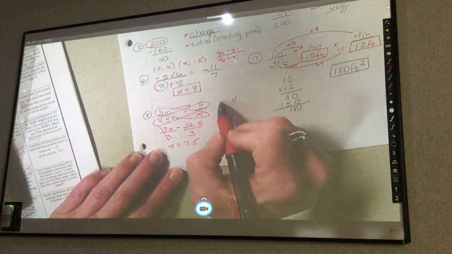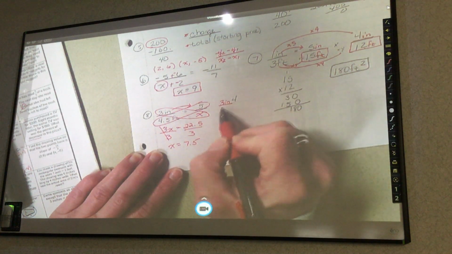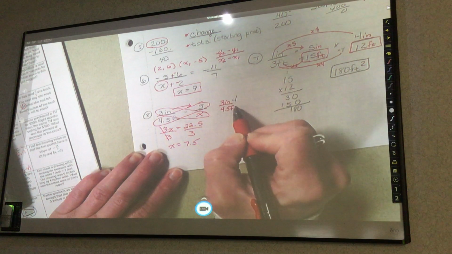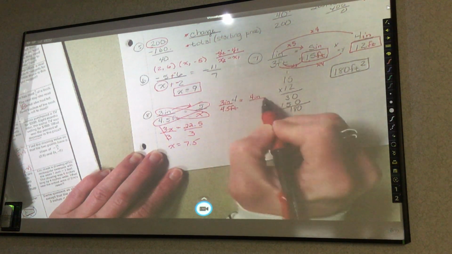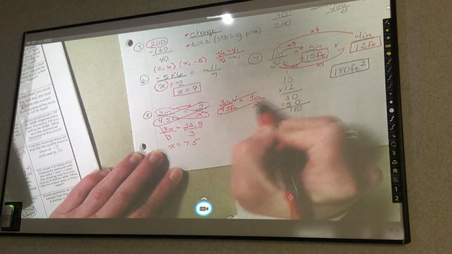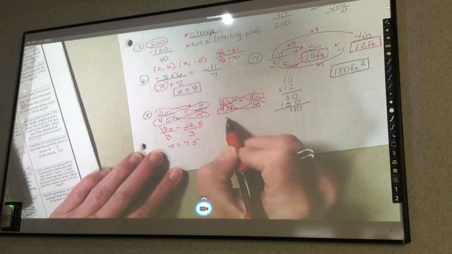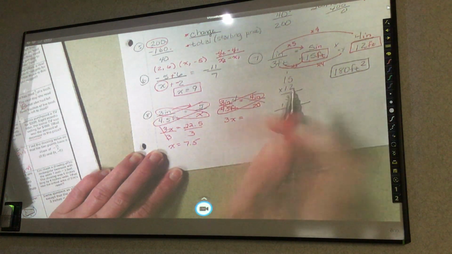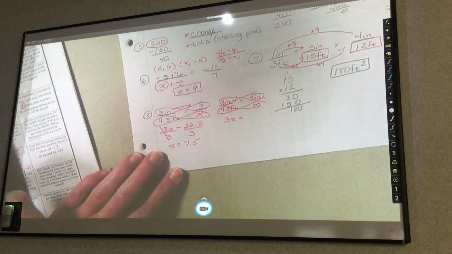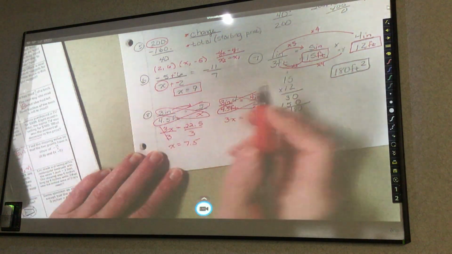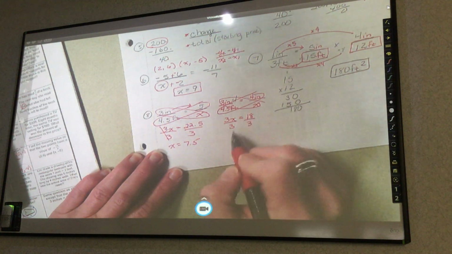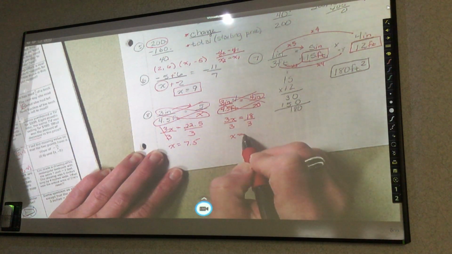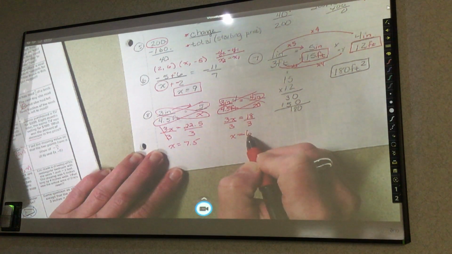I do that again. 3 inches is 4.5 feet, and the other would be 4 inches. So x. Cross multiplication. 3x equals 4.5 times 4 is 18, so I divide by 3, x equals 6.